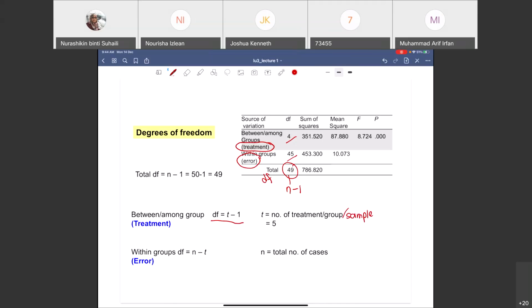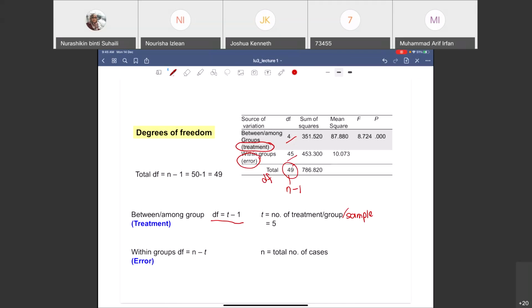So the degree of freedom for the treatment in this case is 5 minus 1, which is 4. If you are given 3 samples, it means 3 minus 1, so the DF for the treatment is 2. It depends on the number of samples given to you and the data. This is just an example, not the values that you have to remember, okay?